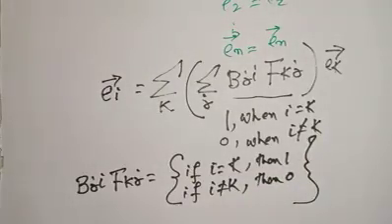So this is something which we are trying to prove. So b_ji f_kj, this middle part, we are trying to make it 1 or 0, so that when i equals k and i is not equal to k.